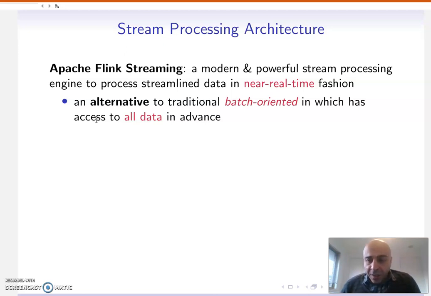This is very different from batch processing, which you may already be familiar with, like Apache Spark or the MapReduce paradigm, where a huge amount of data is stored on disk, and then developers run functions over that batch.